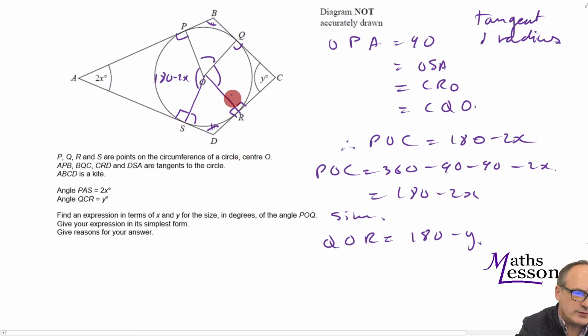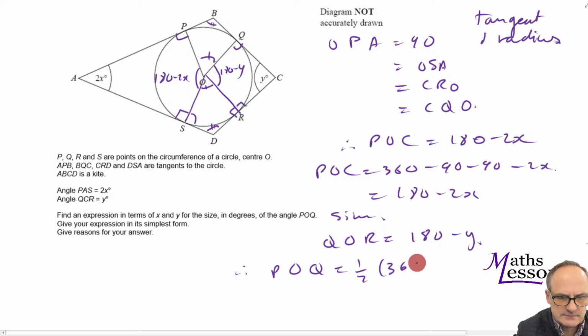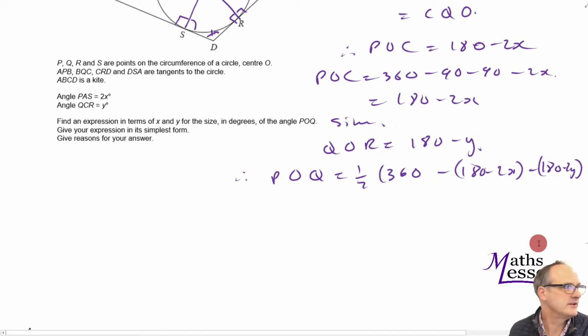So therefore, we know that these are going to be equal as well. So therefore, POQ will equal a half of 360 minus 180 minus 2x minus 180 minus y.